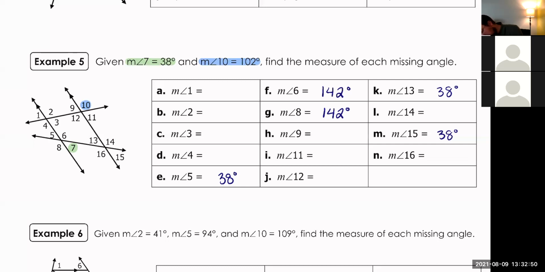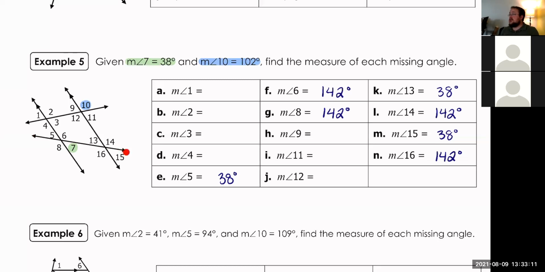That would mean 14 is also 142. And 14 and 16 are vertical. So there's another 142. So as I mentioned once already, I just knocked out all the angles down here with this bottom transversal.